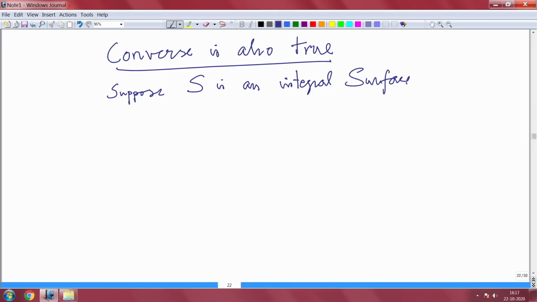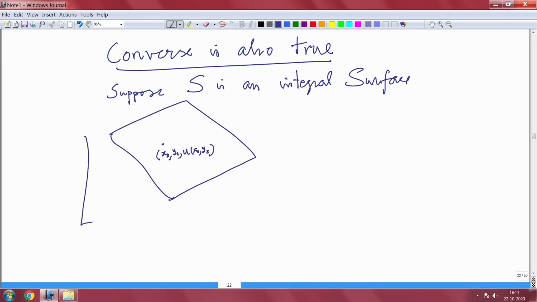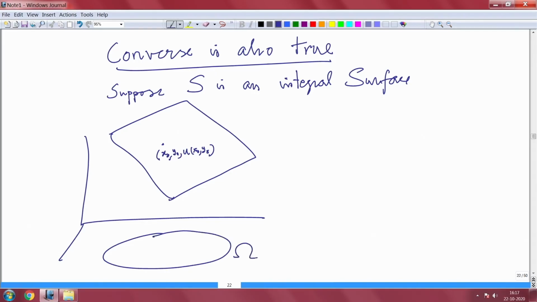What does that mean? You have a surface here, you take any point, and the point will be x naught, y naught, u of x naught, y naught. You have your omega.